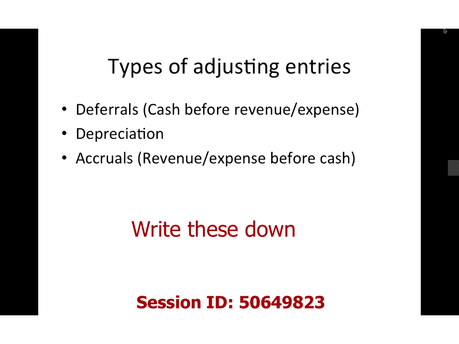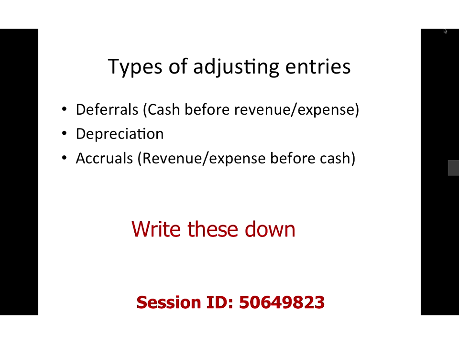So we have 3 types of adjusting entries. Deferrals, where cash changes hands before the revenue is earned or the expense is incurred. Depreciation, which has to do with long-term assets that we use in our business and that are going to be around a long time. And then accruals, where the revenue is earned or the expense is incurred before the cash is paid.